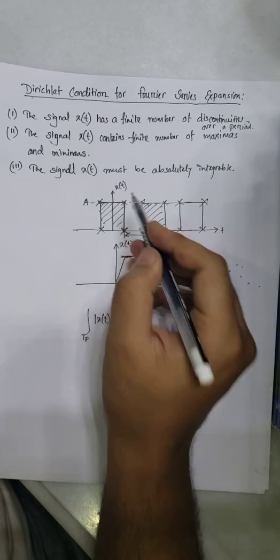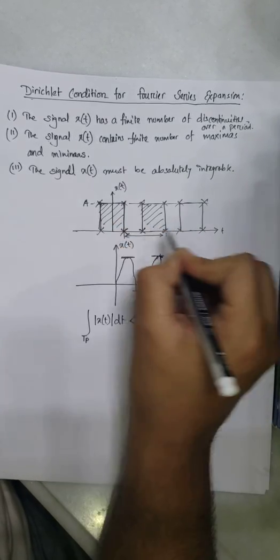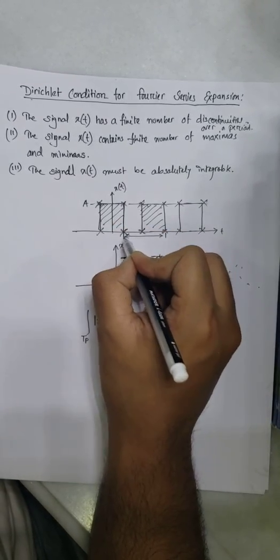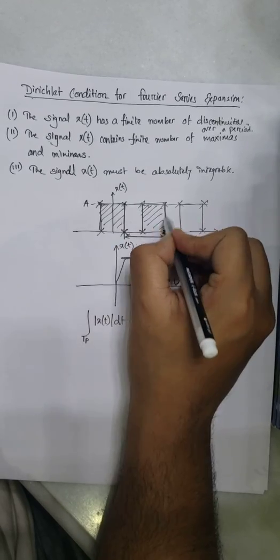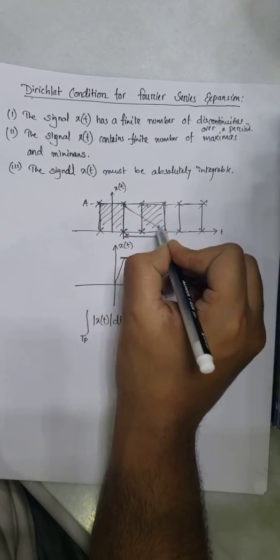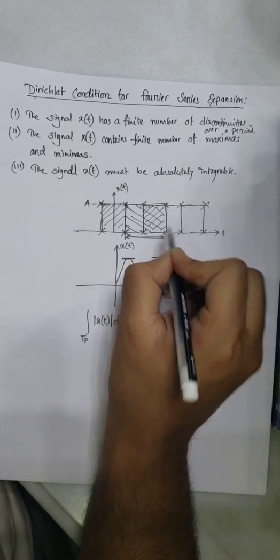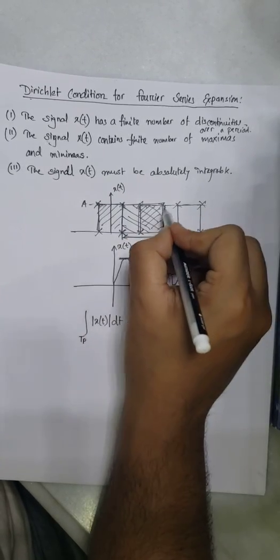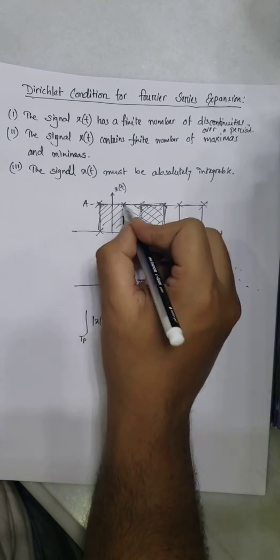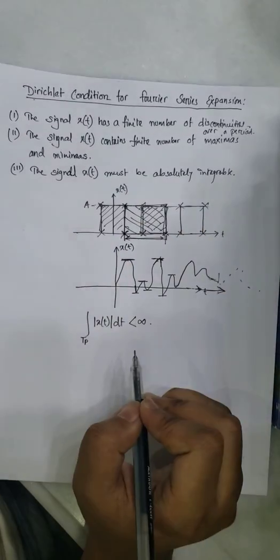So, if we consider this signal over a period, that means from here to here, this area, let me hatch it like this, this area is definable and is not infinite.